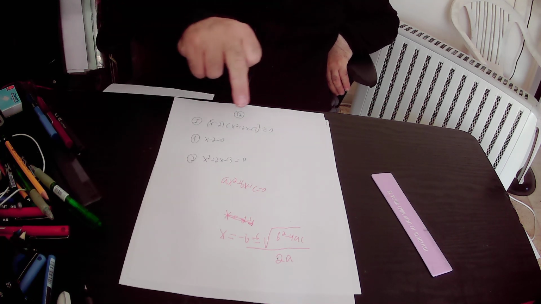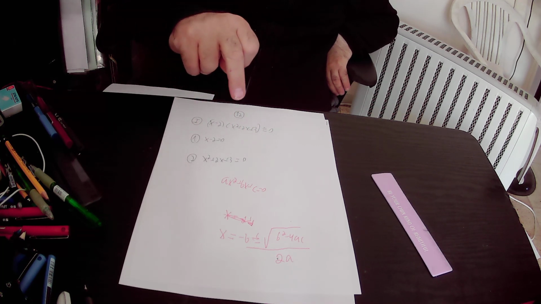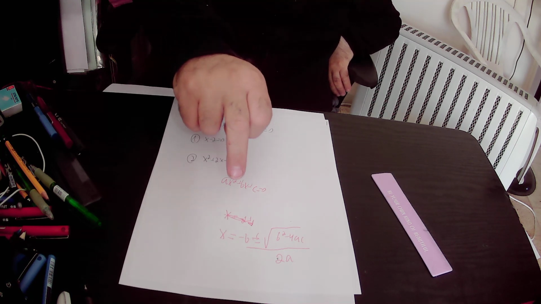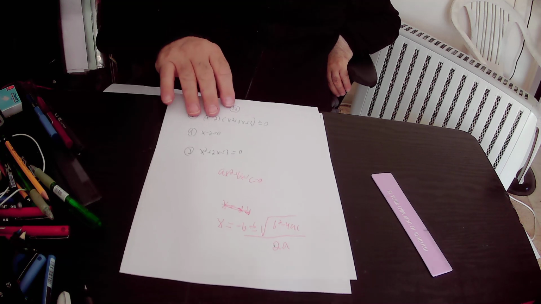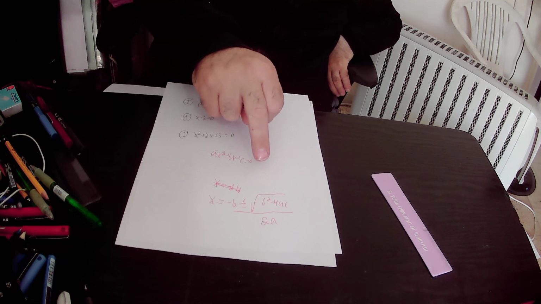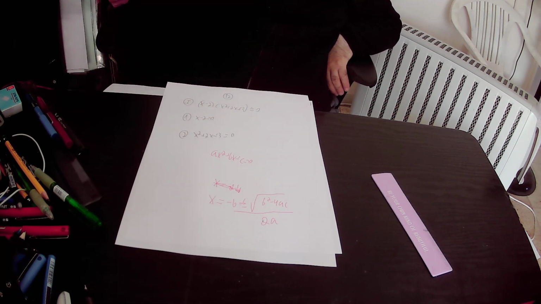A, B, C are the coefficients of the quadratic equation, and x is the missing variable that we want to find out, and we will find x according to a special formula. And inside the root we have b squared minus 4 times ac.